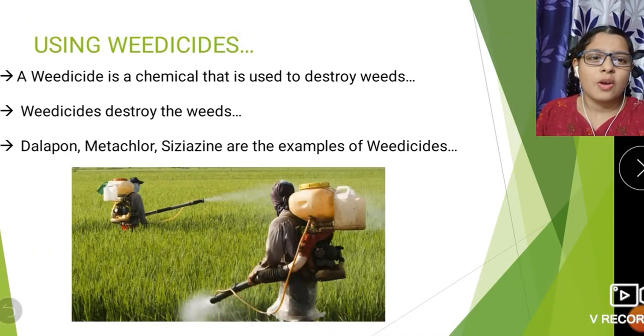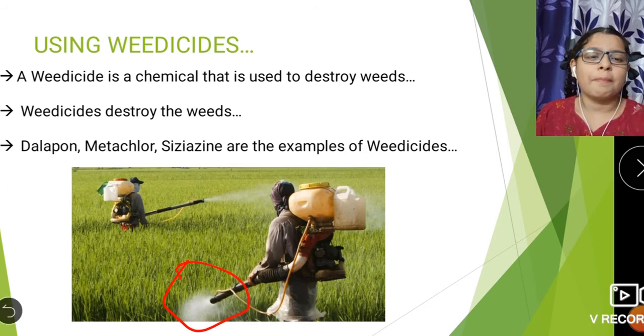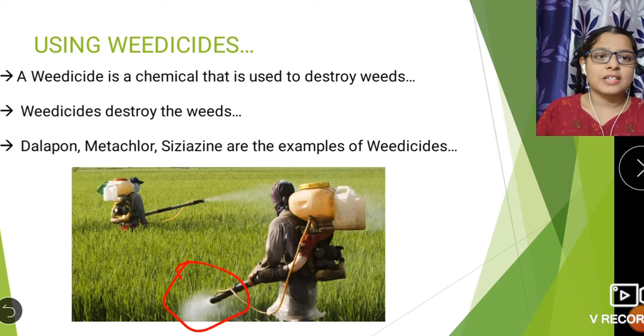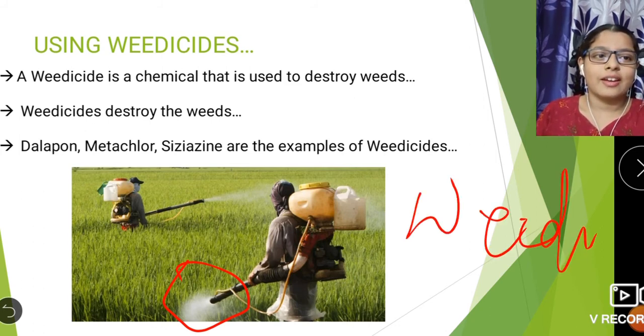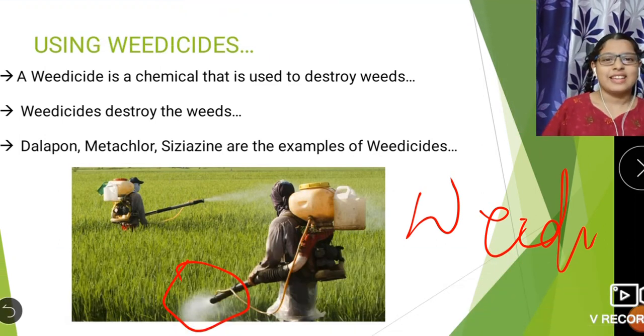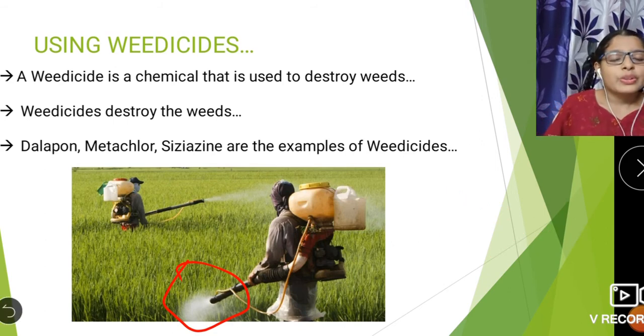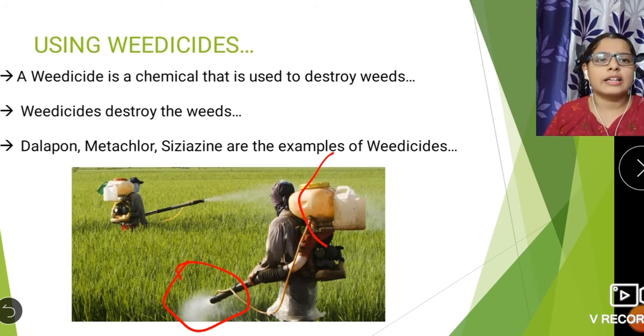Here we can observe the pipes which are releasing some chemical substances, and those chemical substances are weedicides. The red circle is around the chemical substances which are released by these containers.